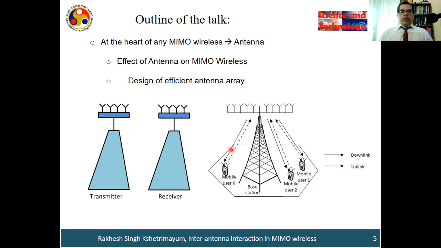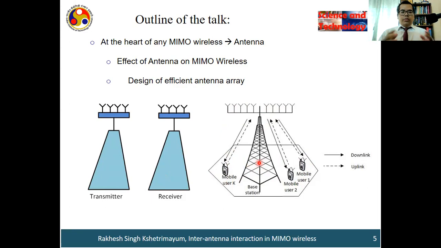So now what you see is we have multiple antennas at the transmitter and receiver, in single user as well as multi-user MIMO wireless communication. In MIMO wireless, the most important parameter, or the heart of the MIMO wireless, is the antenna.